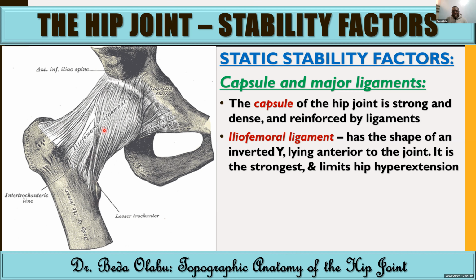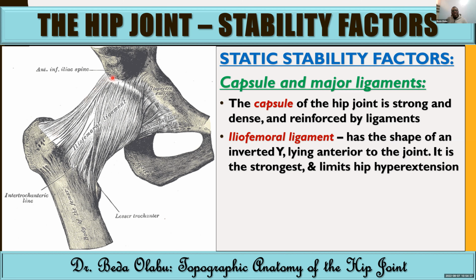The ligament lies anterior to the hip joint, and perhaps is the strongest of the ligaments we're going to talk about. Lying anteriorly, it will limit hyperextension of the hip joint.